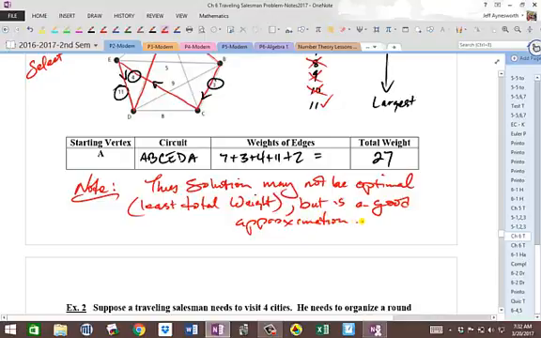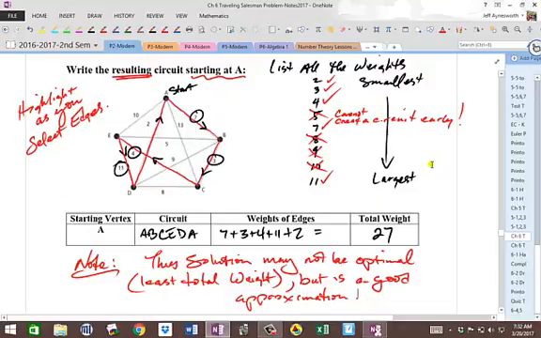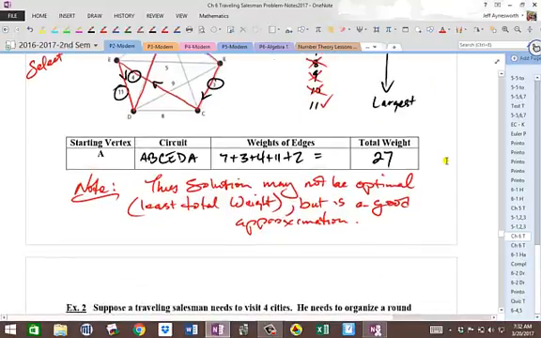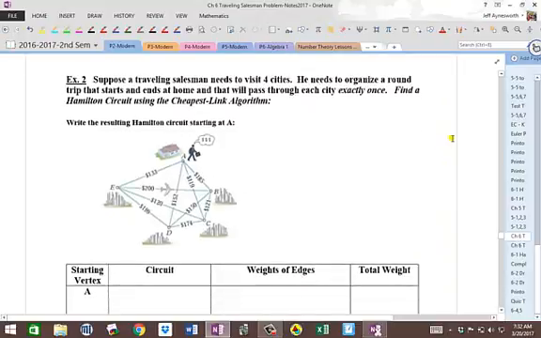And that right there, my friends, is an example of how to find a Hamilton circuit using what's called a cheapest link algorithm. You just got to get used to that, practice all the different forms, and get good.